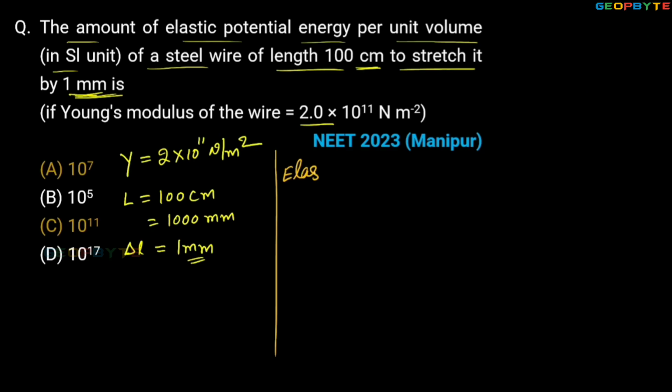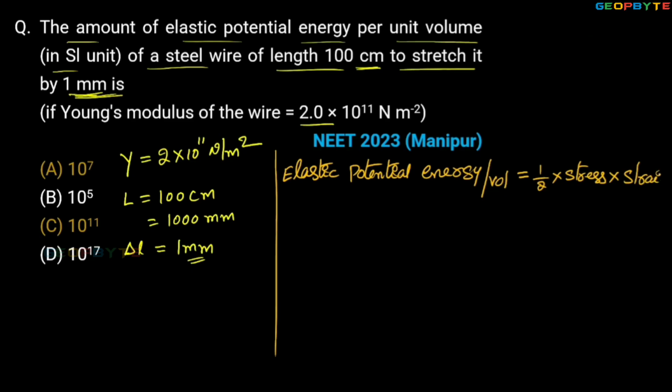Elastic potential energy per unit volume is equal to half into stress into strain. That is the formula for the elastic potential energy per unit volume.